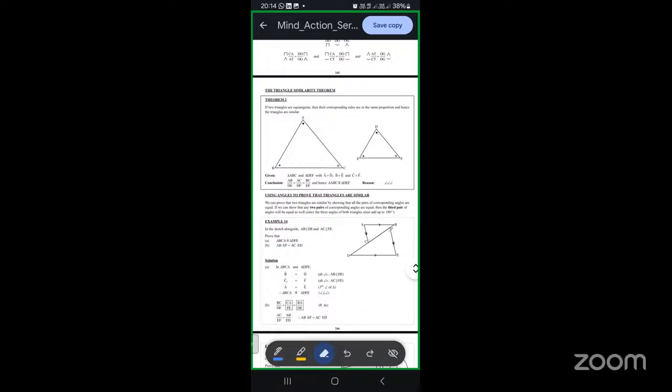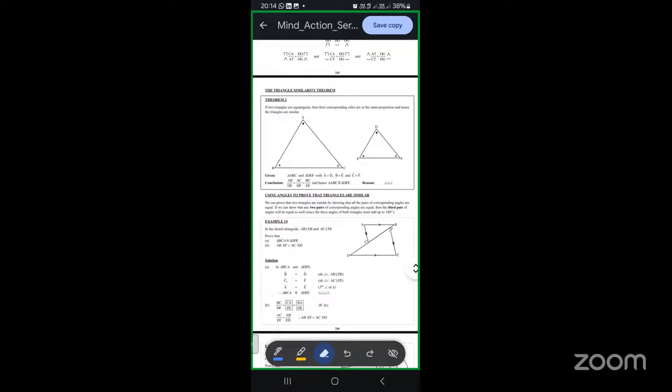Meaning if we take corresponding sides, AB over DE will be equal to AC over DF, and also equal to BC over EF. Does this make sense to you guys? Yes, sir.